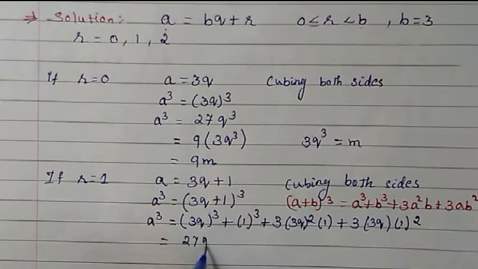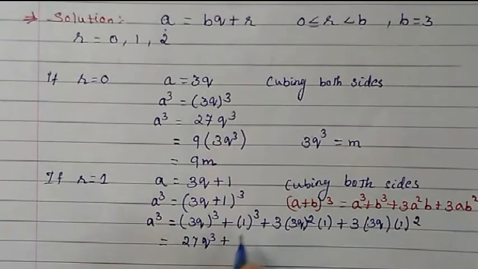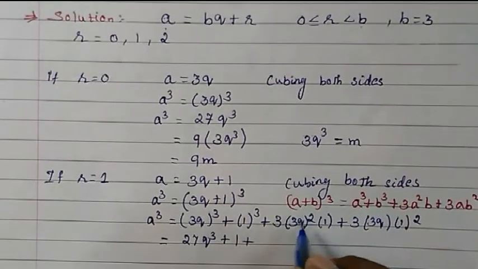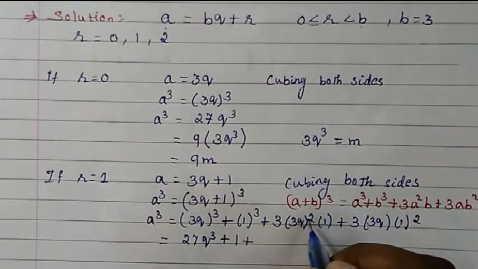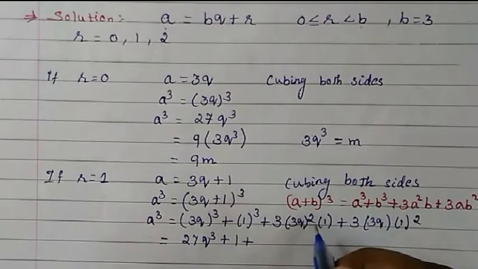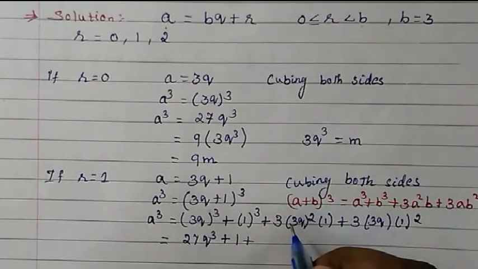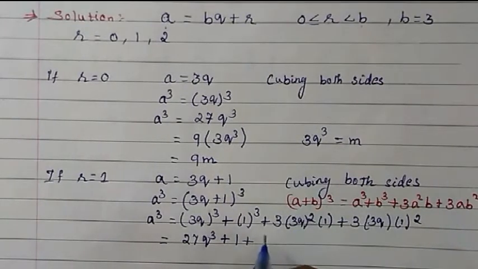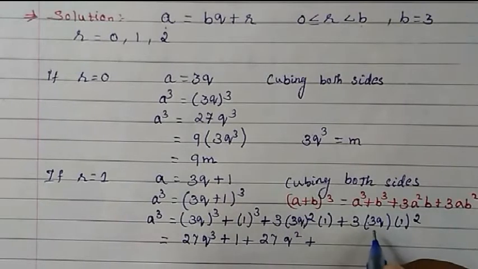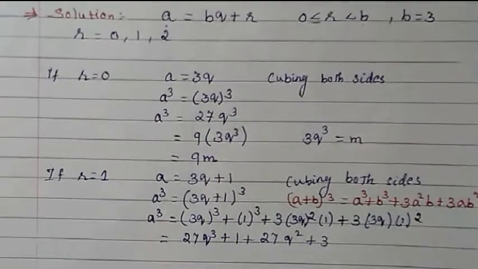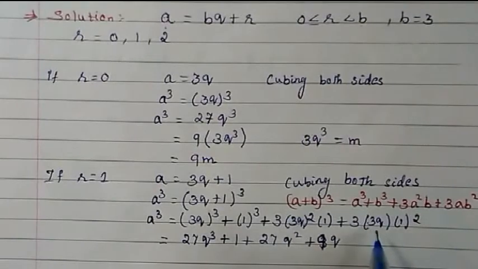So what will we get? 27q cube plus 1, then 3 times 9 is 27q square, plus 3 times 3 is 9q.